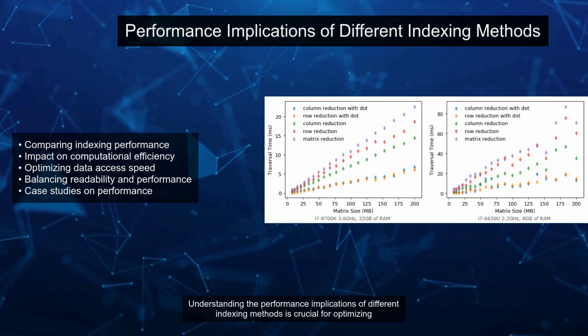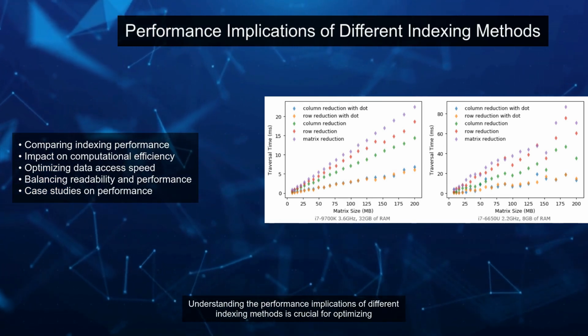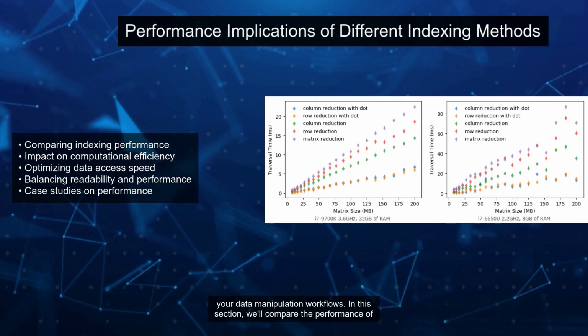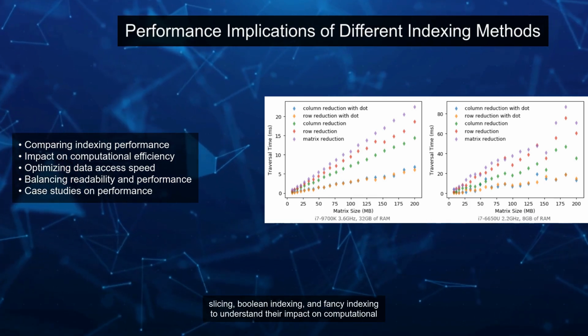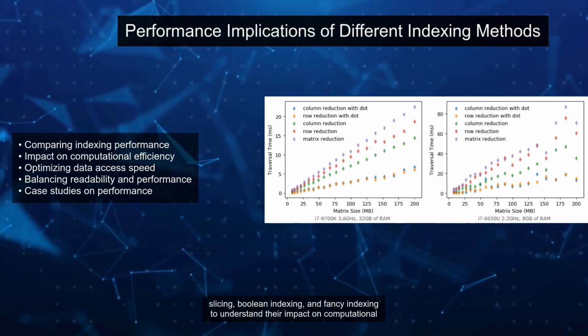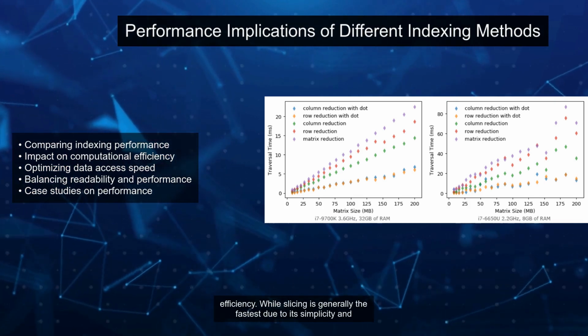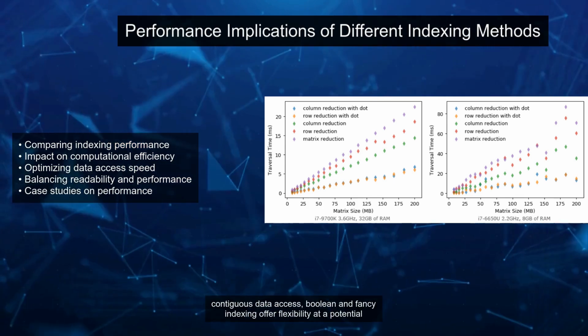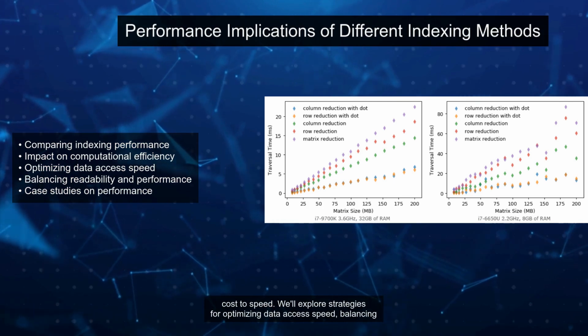Understanding the performance implications of different indexing methods is crucial for optimizing your data manipulation workflows. In this section, we'll compare the performance of slicing, Boolean indexing, and fancy indexing to understand their impact on computational efficiency. While slicing is generally the fastest due to its simplicity and contiguous data access, Boolean and fancy indexing offer flexibility at a potential cost to speed.